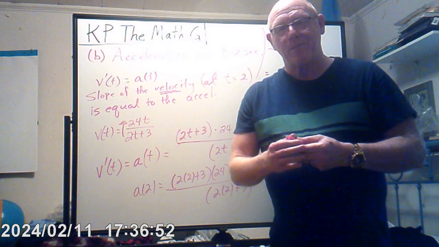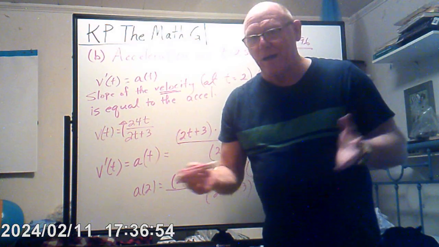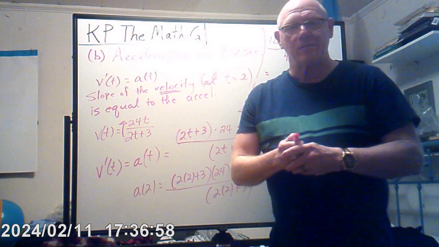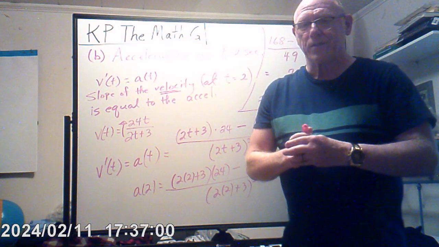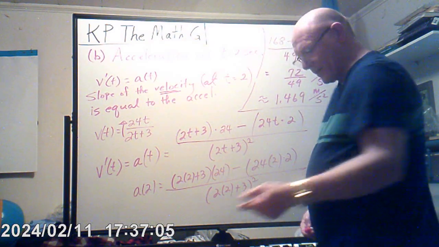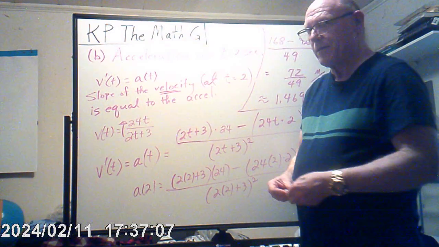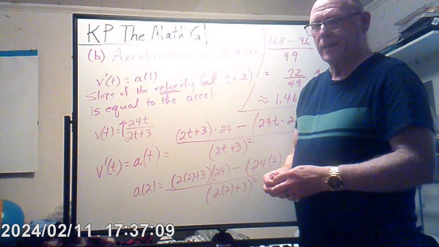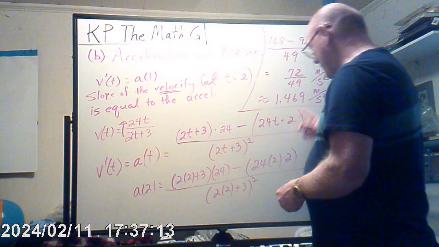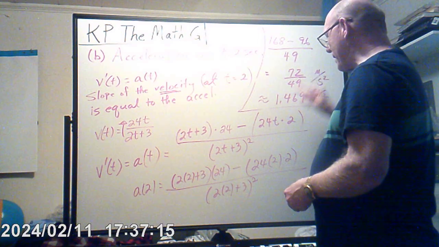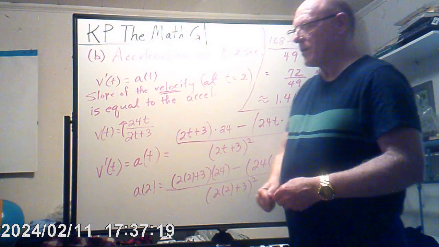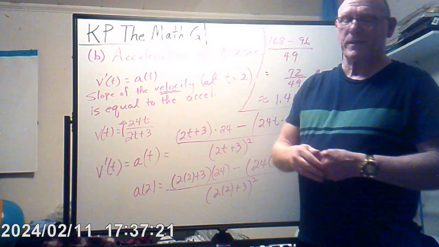I hate to say that, but you don't want to waste a lot of time. Okay, that's what I'm trying to say to you. And so just plug it on in. That's what they do on these tests too. When they find that, they just go ahead and plug it on in, and then find the answer to this. This is 72 over 49, 1.469 meters per second squared for runner B's acceleration.